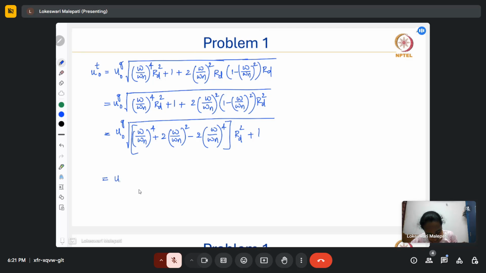So this is equal to u naught g square root of, so RD square will be, let's substitute here, whole power 4 plus 2. So we have 2 power 4 terms. So this would be 2 omega by omega n whole squared minus omega by omega n whole power 4.